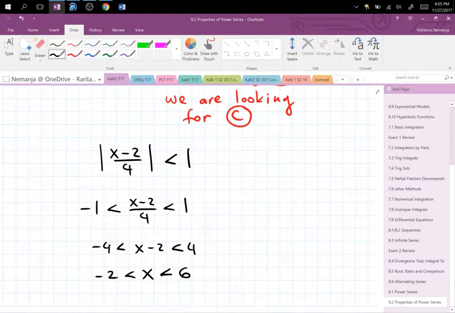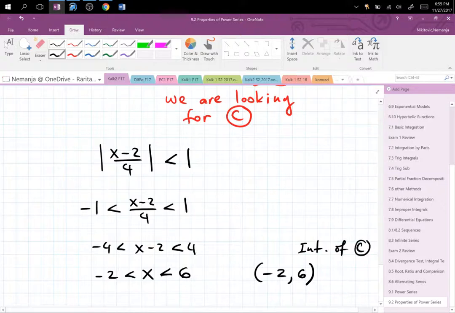Any x you pick between negative 2 and 6, your power series will turn into a regular series which converges. If you pick an x value outside of this interval, the power series will turn into a series which diverges. Do we get that? So what you have here, negative 2 to 6, is the interval of convergence.